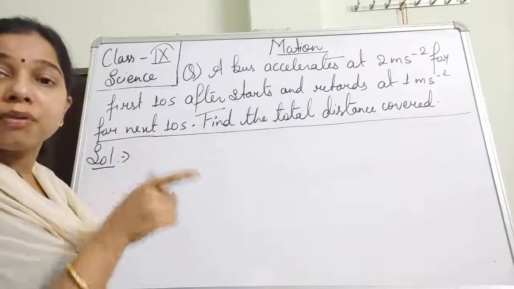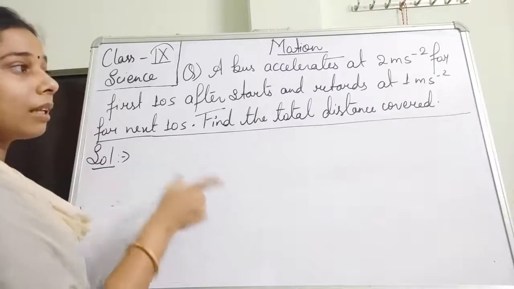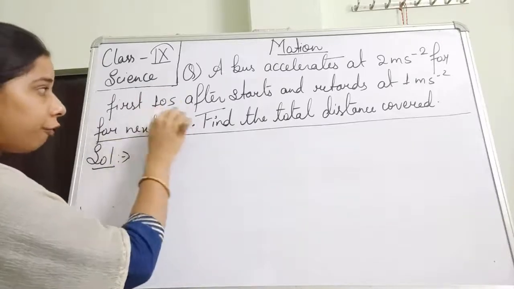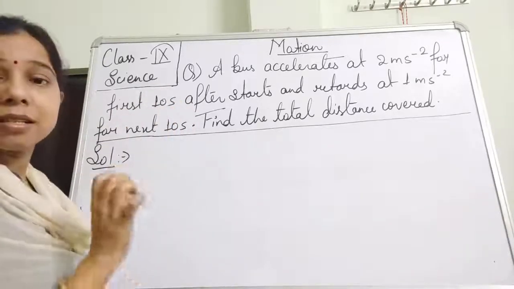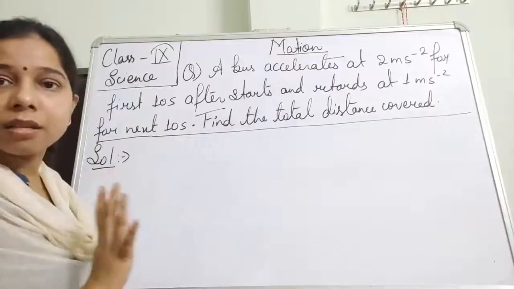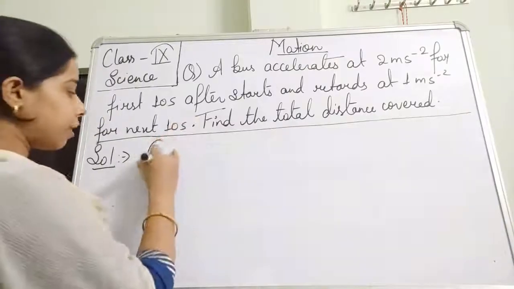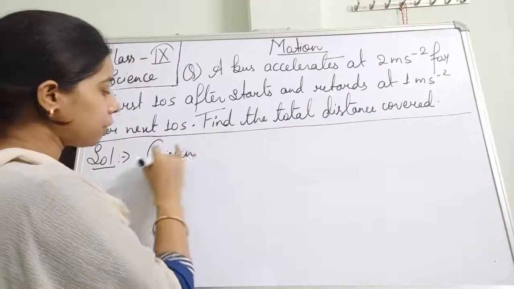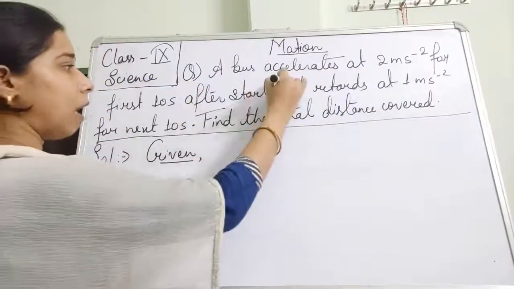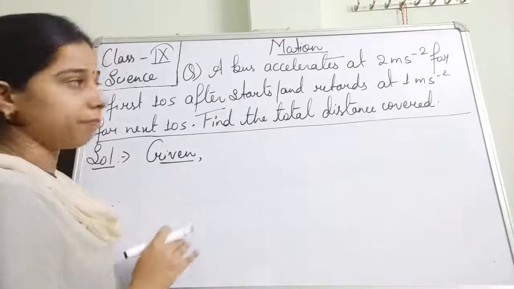So at first we will calculate the first half, that is, what is the distance covered by the bus in the first 10 seconds, and what is the distance covered by the bus in the next 10 seconds. This is what we have to find. So if we see the first condition, what are the things which are given here? The bus accelerates, after it starts. At first we have to see this first condition.